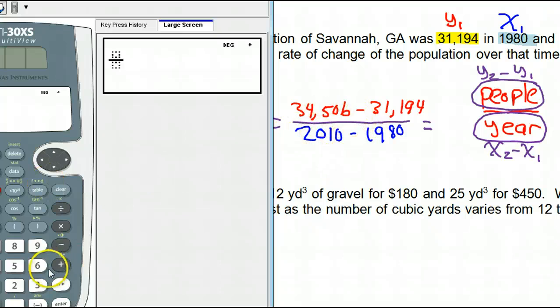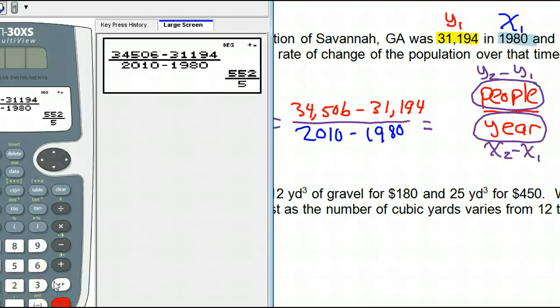So let's do 34,506 minus 31,194 over 2010 minus 1980. And just hit enter. Okay, now this is saying that it's 552 people for every 5 years.